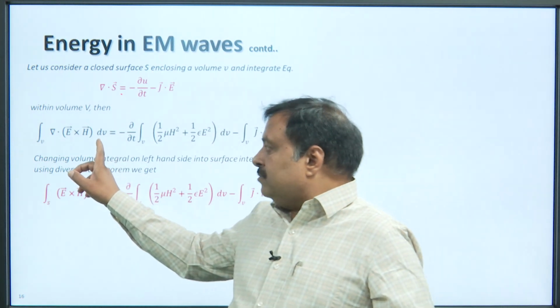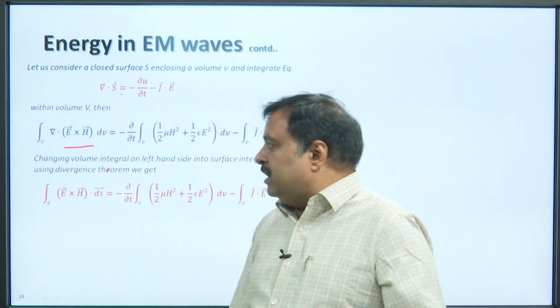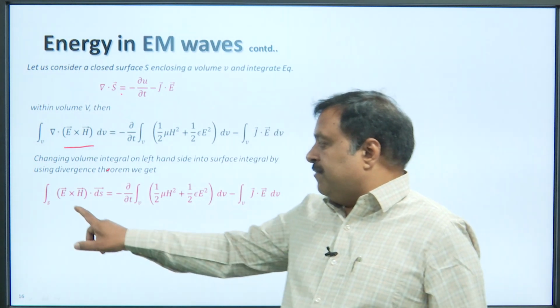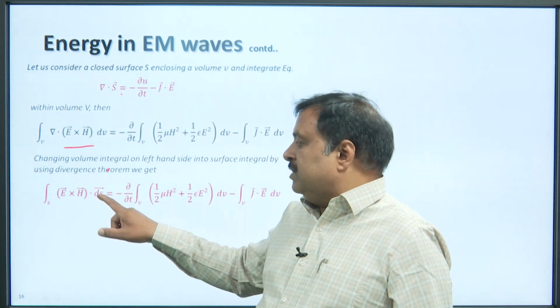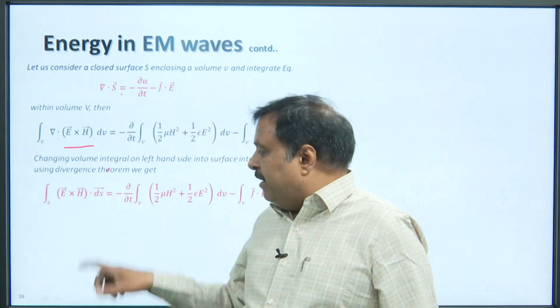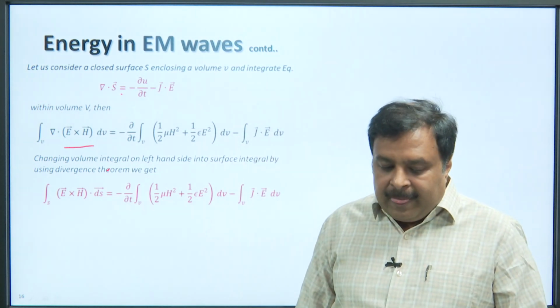So, here in the left hand side we have the volume integral of divergence of E cross H. So, this is the same as the surface integral of E cross H dot ds. ds is the surface element and vector ds has direction normal to the surface area.